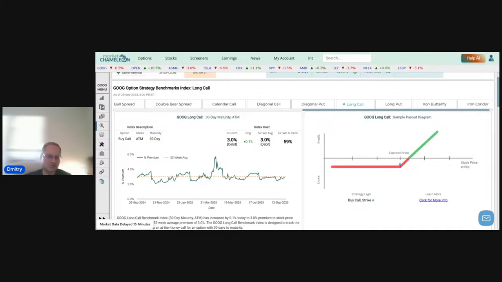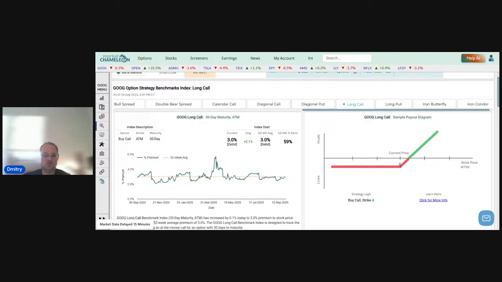If it's $10, you're paying $3 for an at-the-money option, that means it has to move 30%. If the stock is 100 and you're paying $3, well, that's only a 3% move, right? So we need to convert that option value relative to the stock price.